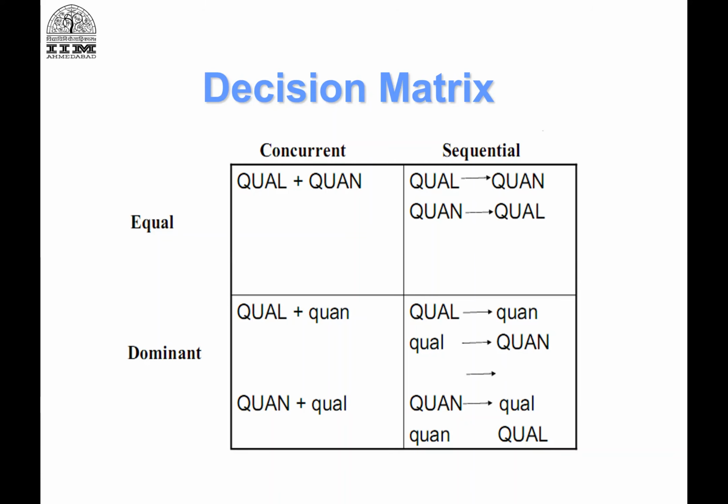If one of them is dominant, for example, if qualitative is dominant, you will do all your 15 to 30 interviews. Quantitative is not as dominant, so maybe you can say that I collected data from 50 to 100 people, just as an additional, but this was not my primary focus of work.